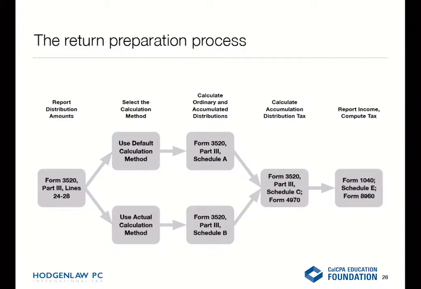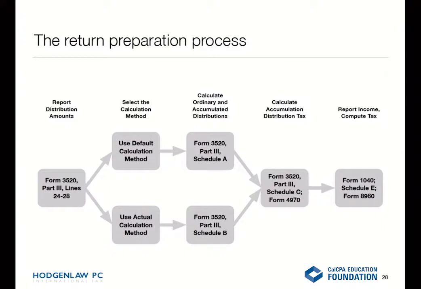From there, the numbers you calculate there flow to Form 3520 Part 3 Schedule C and 4970. That may actually not be the case if you're using the actual method, because it doesn't always have to go there. But if you are using the default method, you're definitely going to end up there. And then from there, all the numbers flow onto your Form 1040.